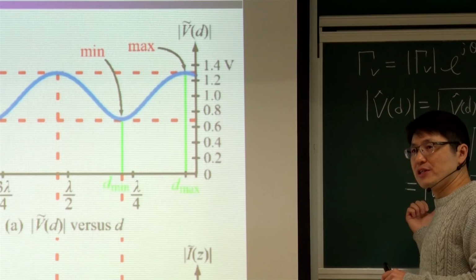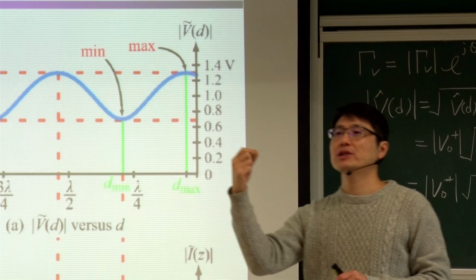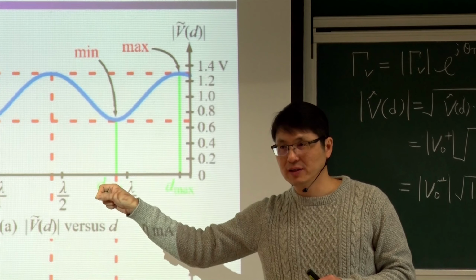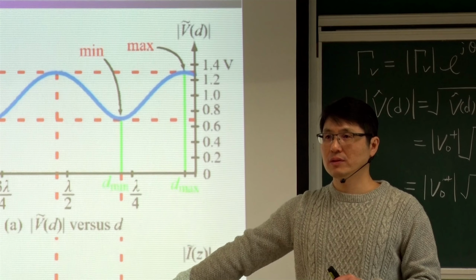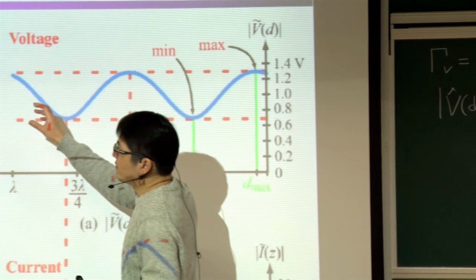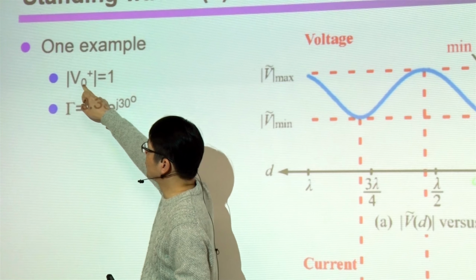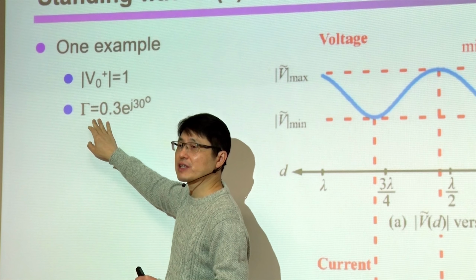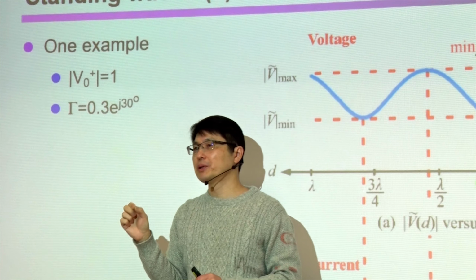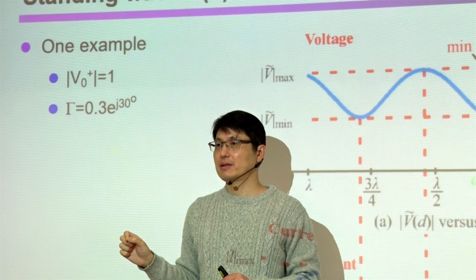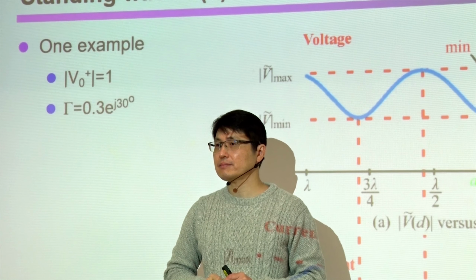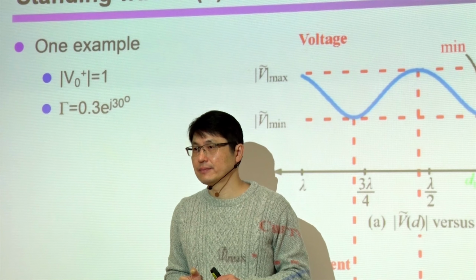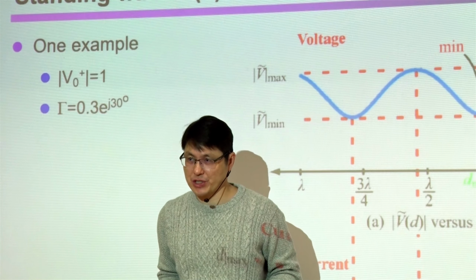We derived this equation because we want to learn everything on the transmission line. So if given a certain input voltage amplitude and we know the reflection coefficient, are we able to predict this voltage pattern everywhere? That's a bigger question.